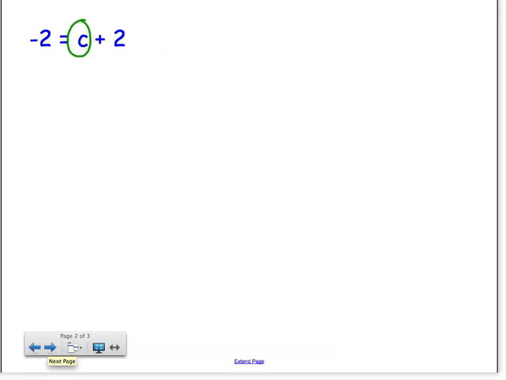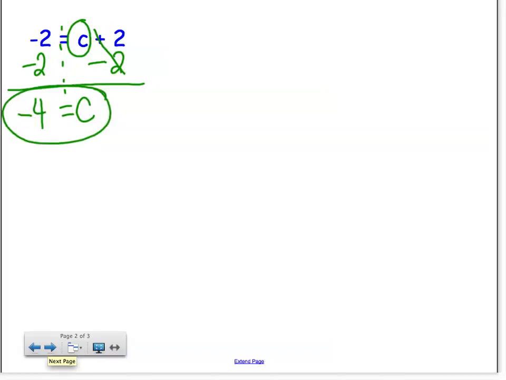So, to get rid of a positive 2, I need to do the opposite operation of subtraction of a 2. Whatever I do to one side, I need to do to the other. We can still draw that line. There's still two sides of an equation. These cancel, and I'm left with c on this side. And then I have a negative 2 minus 2 is equal to a negative 4. c is equal to negative 4.